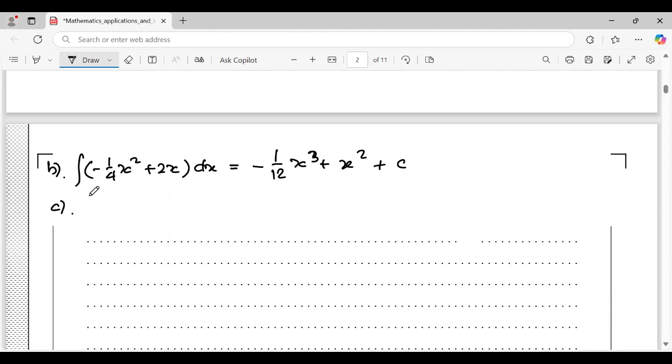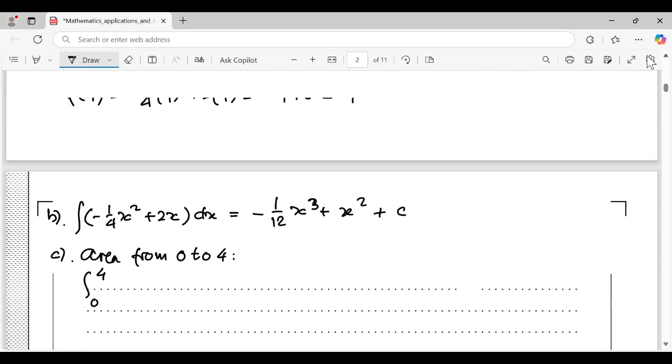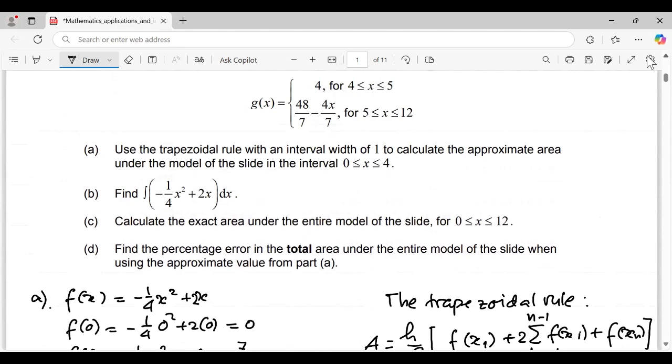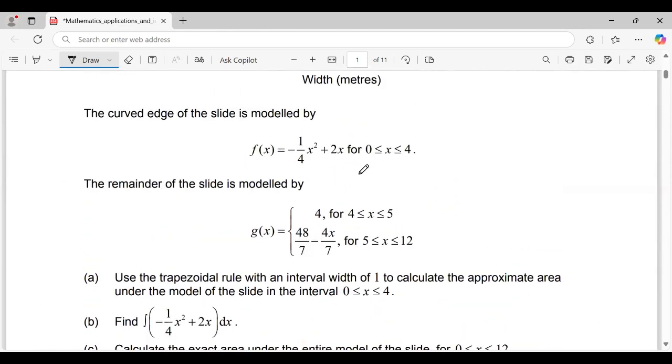Now we are going to calculate first the area from 0 to 4, by the integral from 0 to 4. The function is f(x). From 4 to 5 it is 4, and from 5 to 12 it is this one.